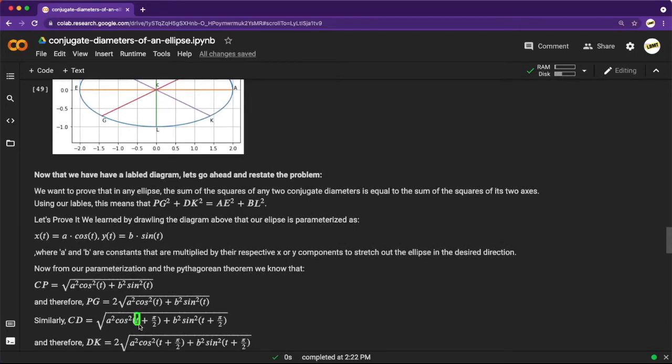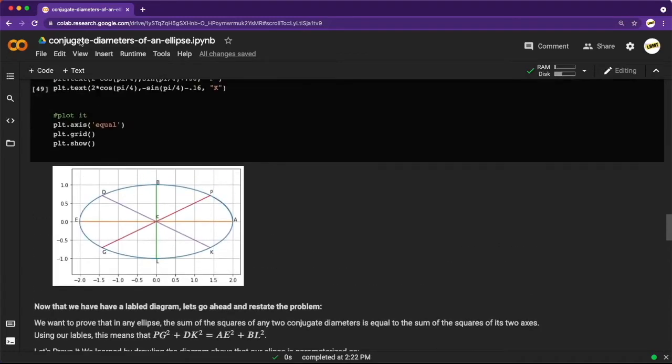So we add pi over 2 to each of our t components here in order to get this point. So CD is going to be, remember, we've got this little leg of our right triangle here. If we're trying to get CD, we're going to say the distance of this leg squared plus this leg squared, we take the square root of that, and we get this hypotenuse, which is CD.